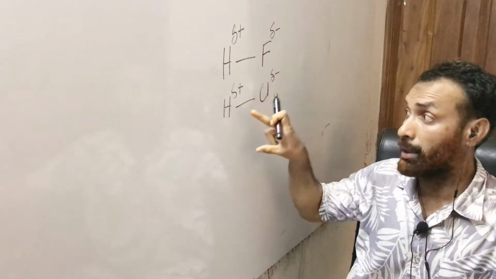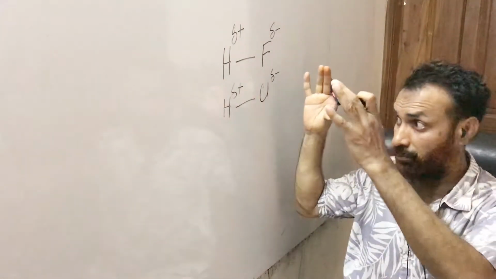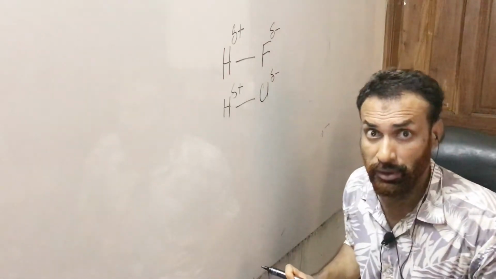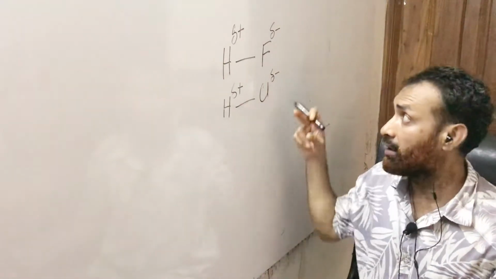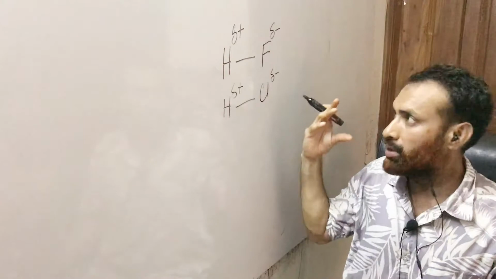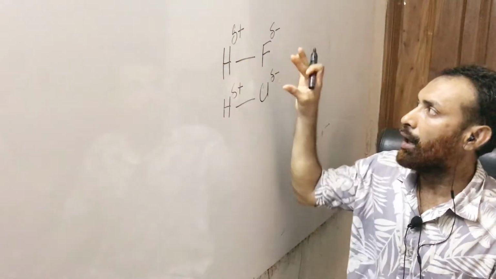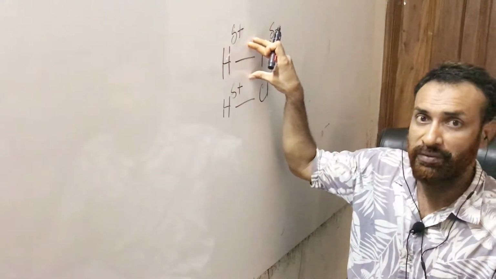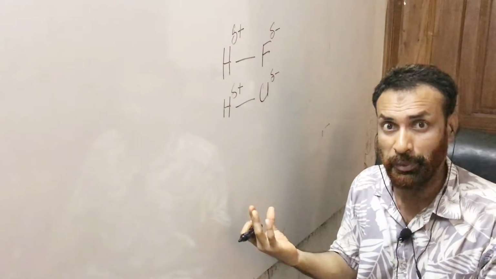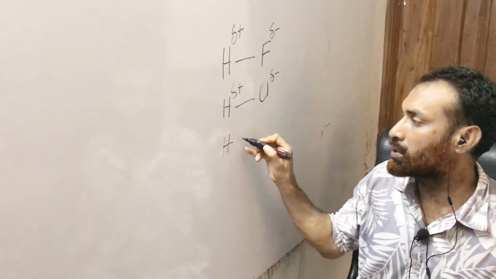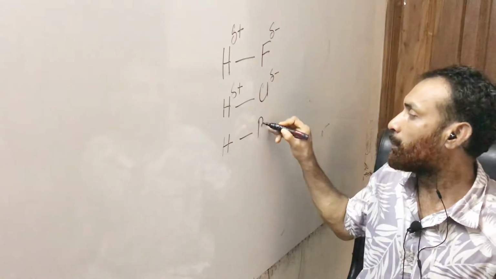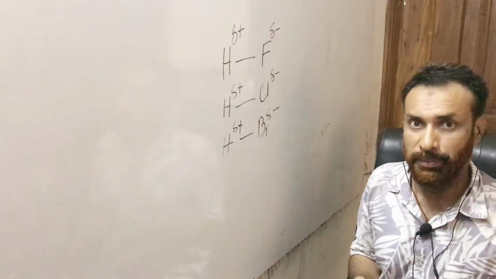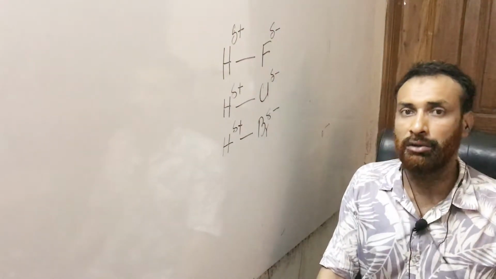Chlorine is also more electronegative than hydrogen, but chlorine is below fluorine in the periodic table, so the electronegativity value of fluorine is greater. So this is how the first bond or first molecule will have a stronger dipole. And for the next one, hydrogen with bromine should be less polar. This is how they work.